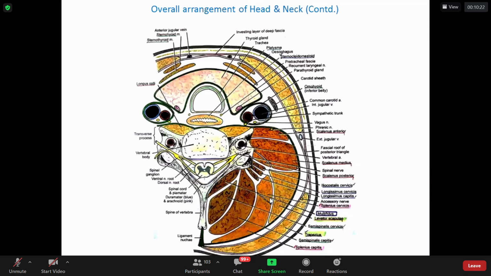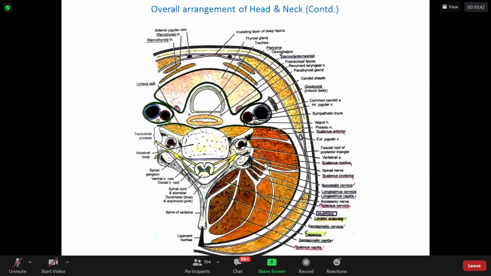This group lies deep to the levator scapulae and trapezius. This is levator scapulae and this is trapezius, though they seem to be deep muscles of the back, actually they are not.